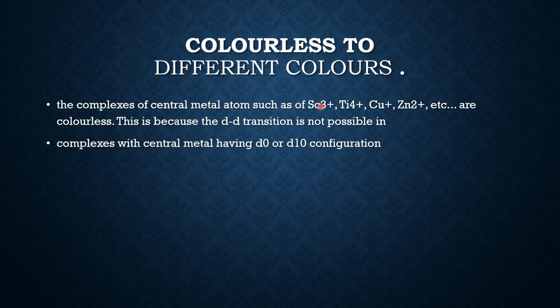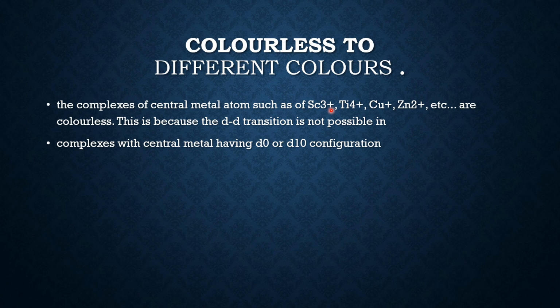Beyond these oxidation states, they are not able to absorb any color, so they are not able to give any complementary color for the compound. So in this type of compound the d-d transition is not occurring.